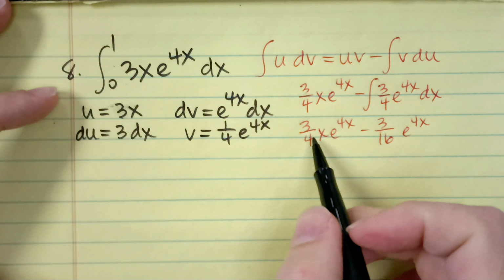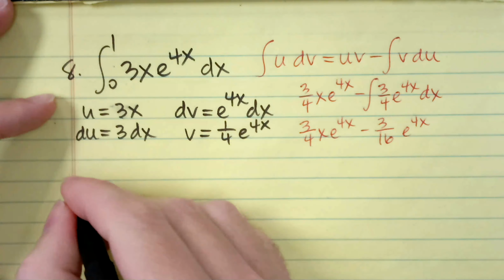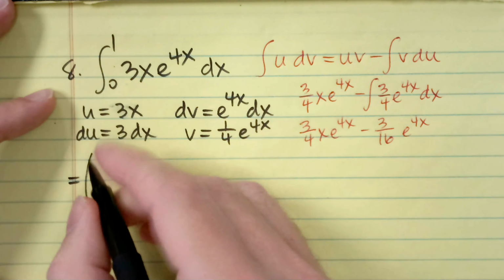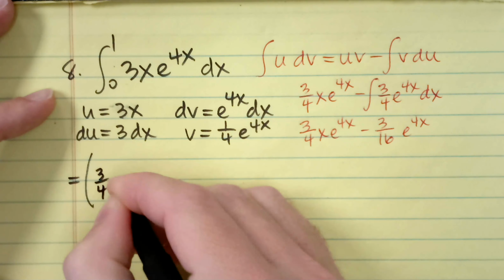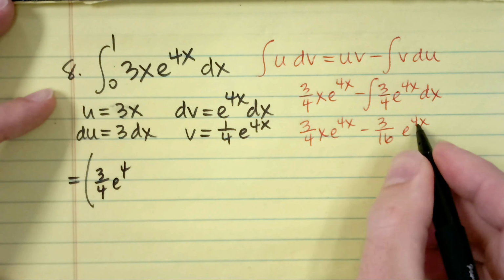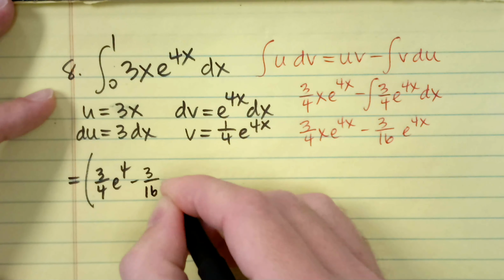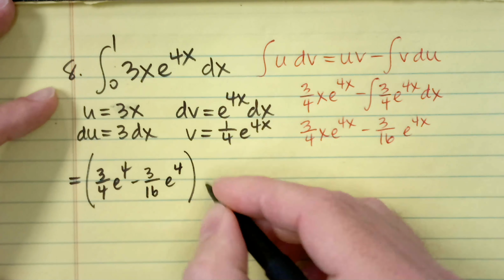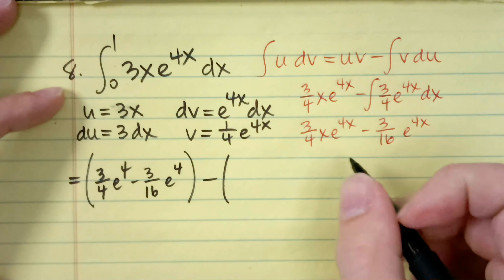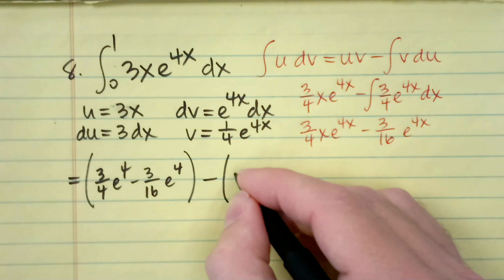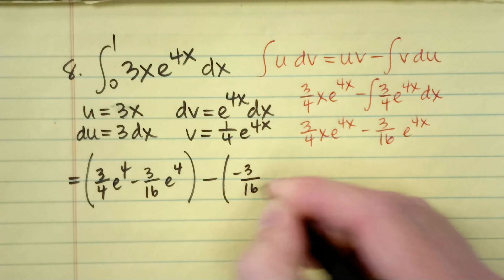So when x equals 1, I'm going to say, all right, well, this is 3/4 times 1 times e to the 4, minus 3/16 e to the 4. And then when I plug in 0, I won't just get 0 minus 0, I'll get 0 minus 3/16.